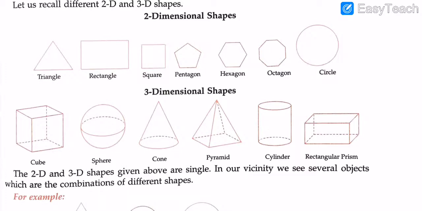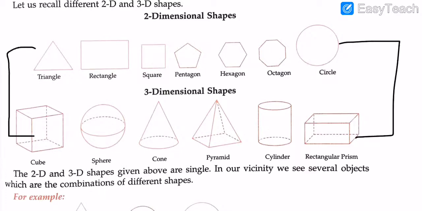But when I ask you, tell me 2 differences between these shapes. One, you would say that one is a 2D and one is a 3D shape. One is 2-dimensional and one is 3-dimensional. But if I ask you one more difference between them, what will you most likely say to me? You will probably say that these have 2 dimensions.